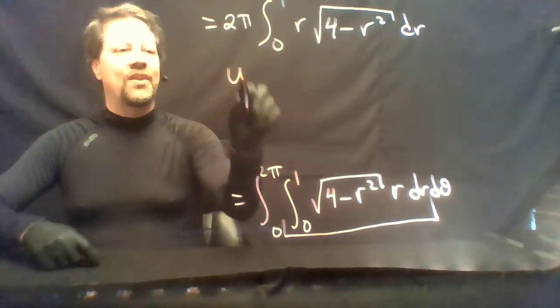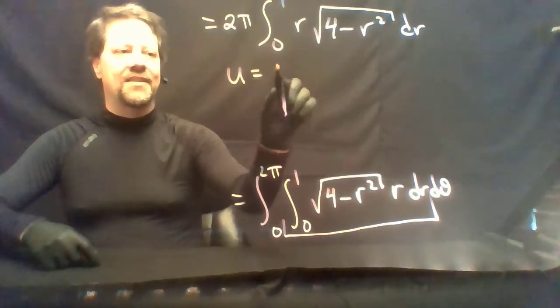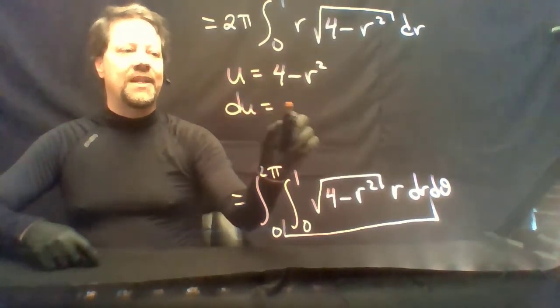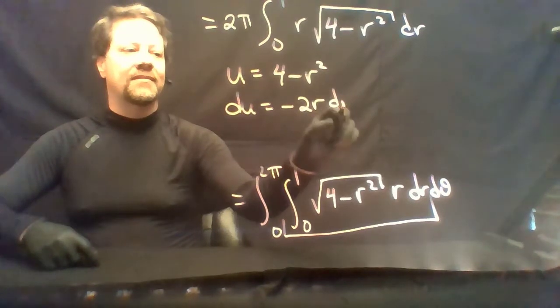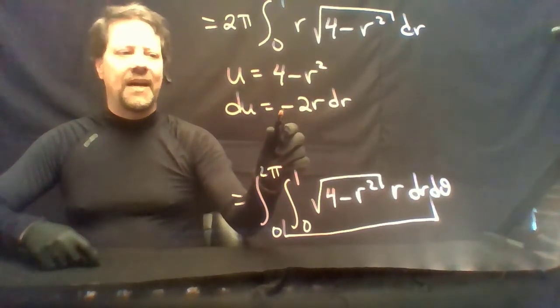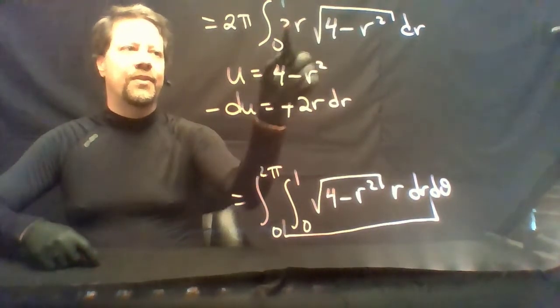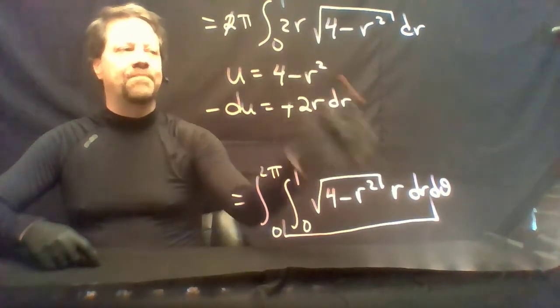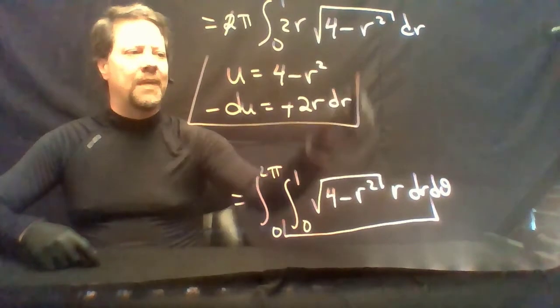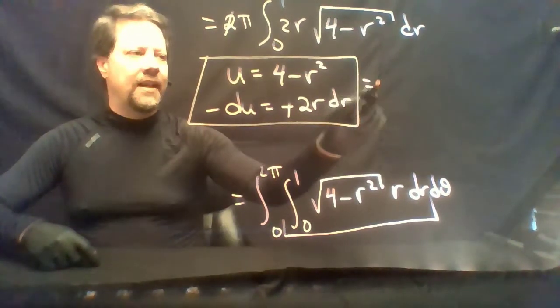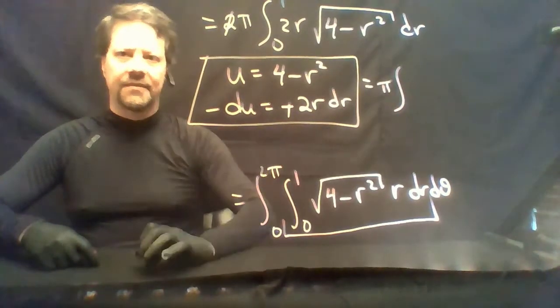In this case, u is the thing that has its derivative lying around, 4 minus r squared. So du is minus 2r dr. The minus we need to get rid of. The 2 we kind of have lying around as well. I'm going to put this into a box because this is a side computation. The integral is pi times the integral.